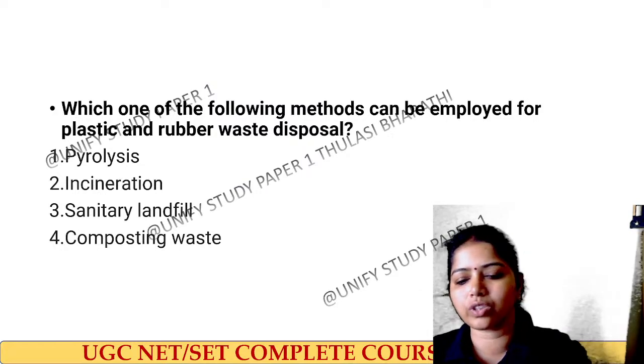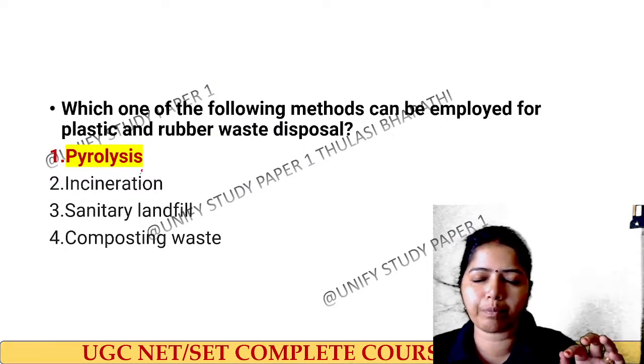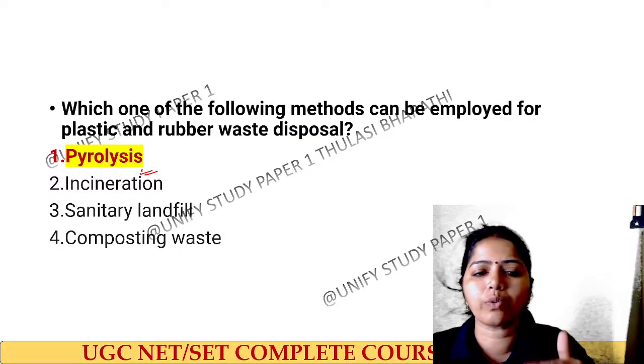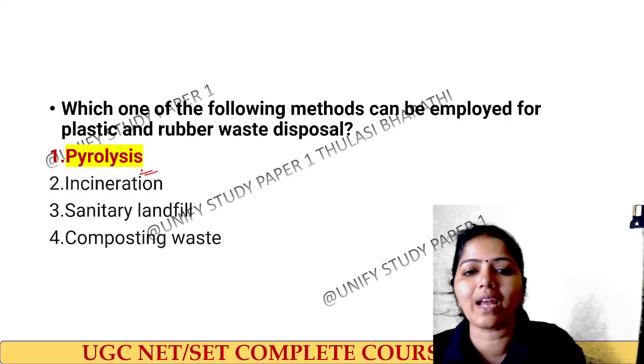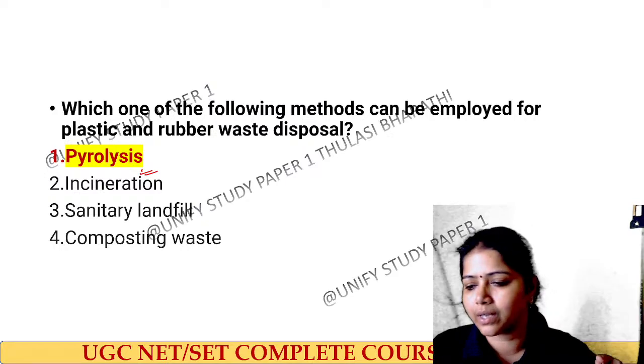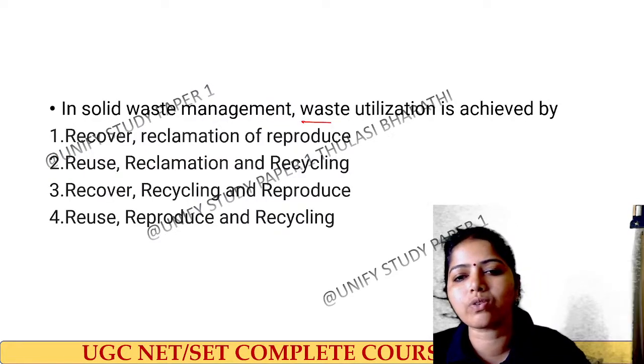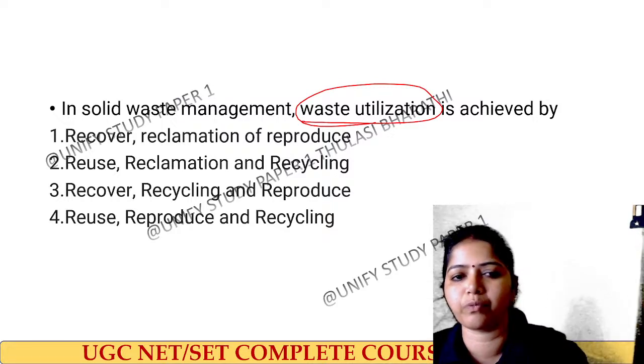The right answer for this question is pyrolysis, to dispose of solid waste. In that one, the plastic and rubber waste disposal can be done by means of this pyrolysis, right? Very good. Next one. In solid waste management, waste utilization is achieved by what ways?